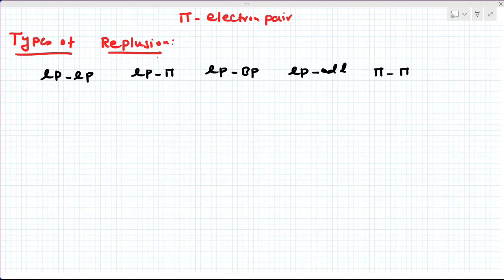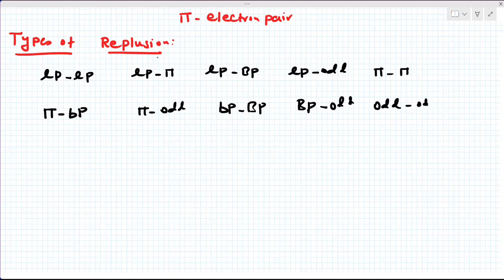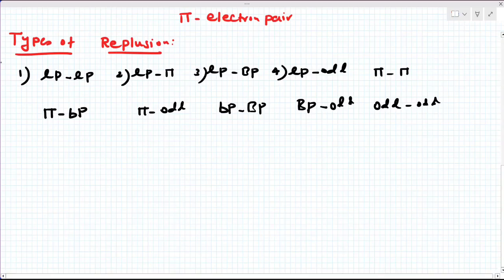Then pi bond-pi bond repulsion, pi bond-bond pair repulsion, pi bond-odd electron repulsion, and bond pair-bond pair repulsion. Now bond pair-odd electron repulsion and odd electron-odd electron repulsion. This is 1, 2, 3, 4, 5, 6, 7, 8, 9, 10 repulsions in total.